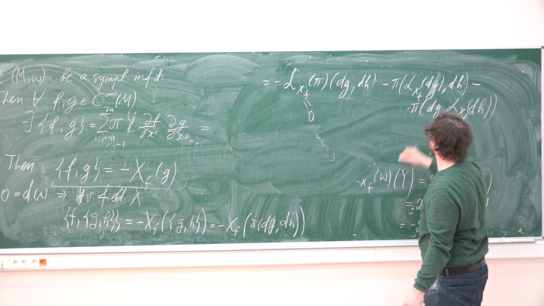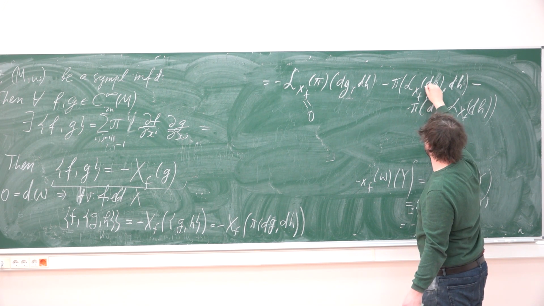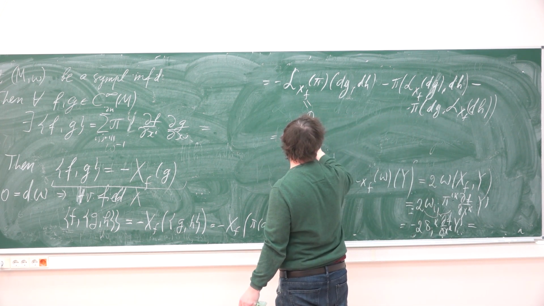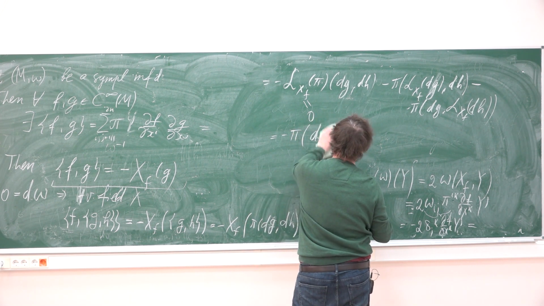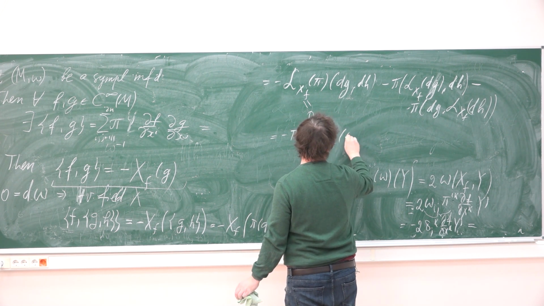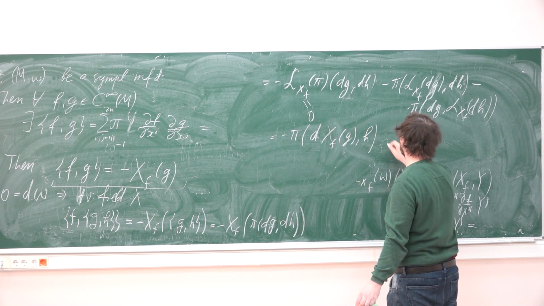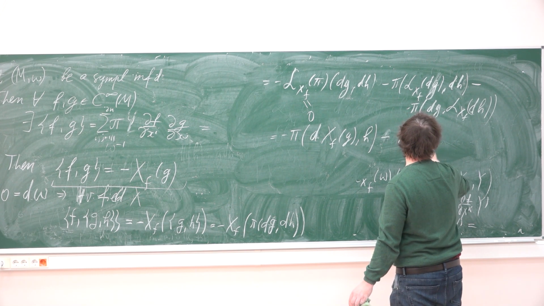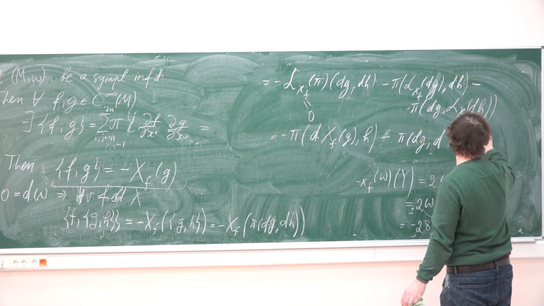As far as the second term is concerned, as you remember, Lie derivative commutes with the de Rham differential. So what we have is minus pi d Lie derivative of xf applied to g, that is xf applied to g, comma, h, minus pi dg dxf applied to h.